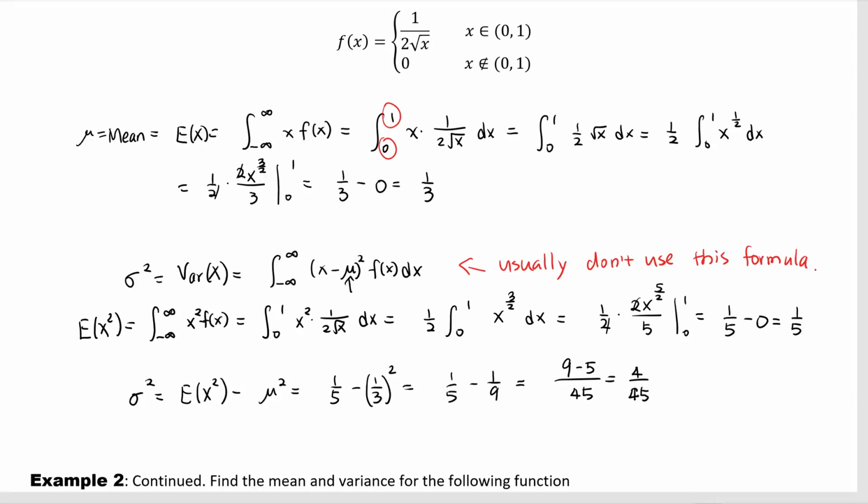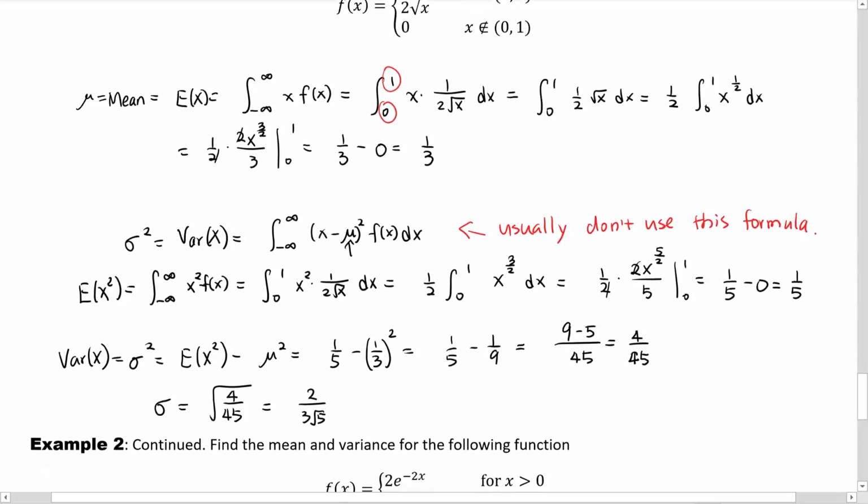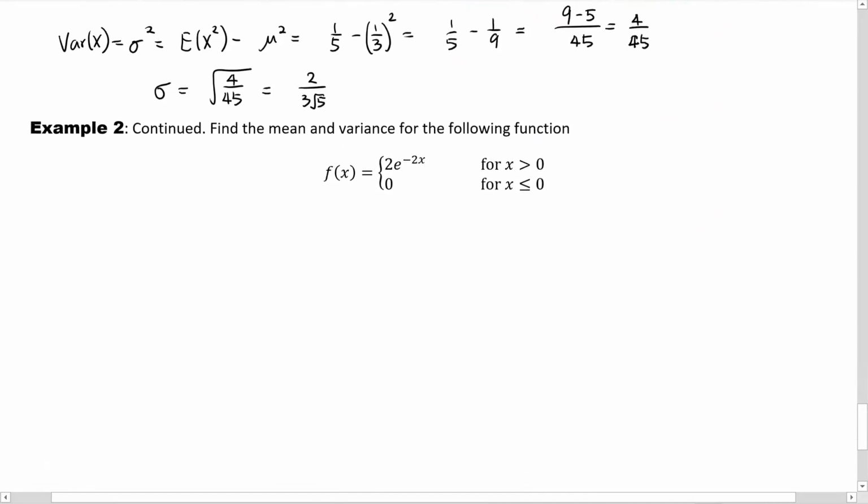So that is the variance. Sometimes if they ask you to find the standard deviation, you just take the square root of that. 45 is 5 times 9, so something like that. All right, so that's example 1 continued.